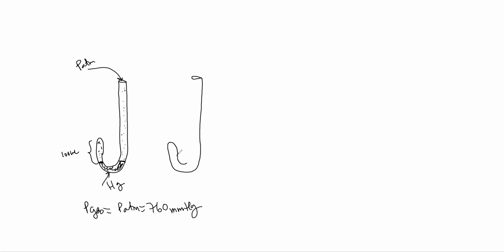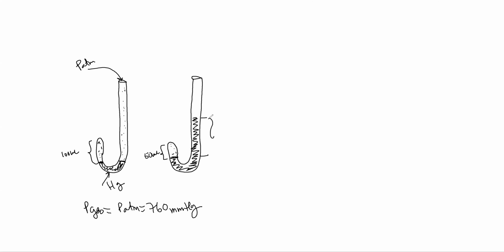So he doubled the pressure here. He doubled the pressure. And what he observed is the volume went down to 50 ml. The volume of the gas went down to 50 ml. He doubled the pressure by adding 760 millimeters of mercury here.